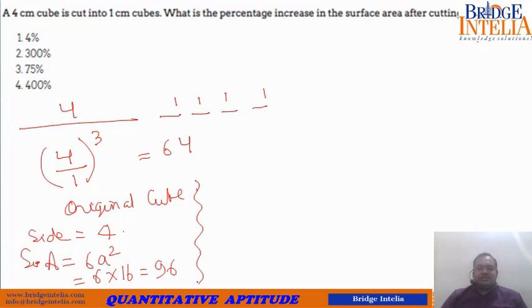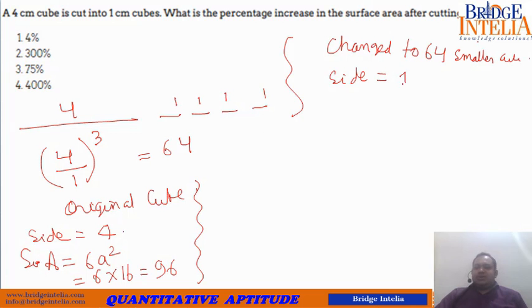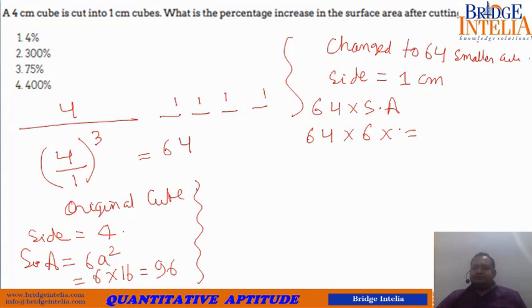This was for the original. In the changed scenario, it changed to 64 smaller cubes, and this time the side of each smaller cube is only 1 centimeter. So 64 times the surface area, 64 into 6 into 1 square. What is 64 into 6? 360 plus 24, so 384. So 96 has jumped to 384.